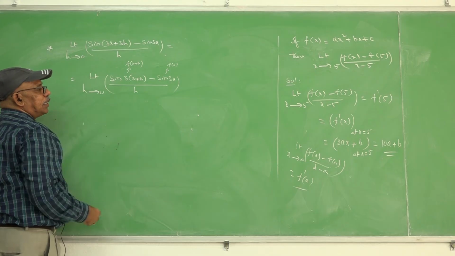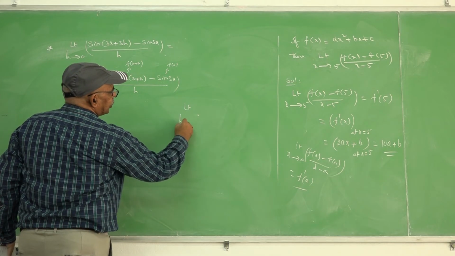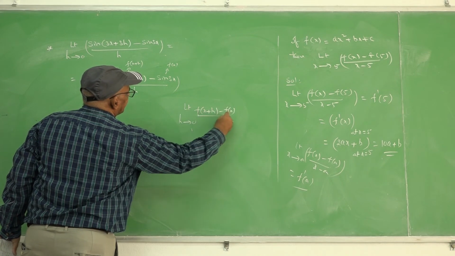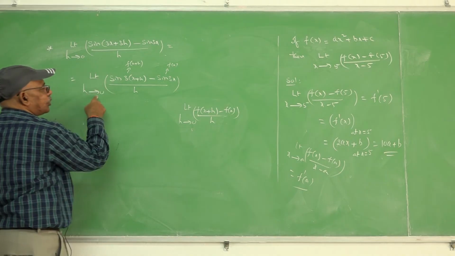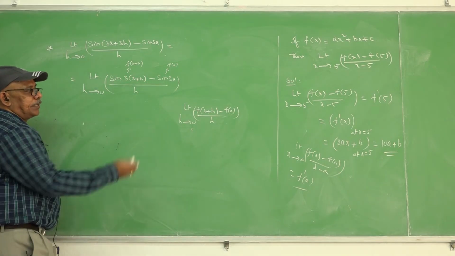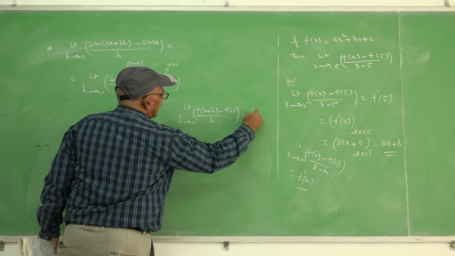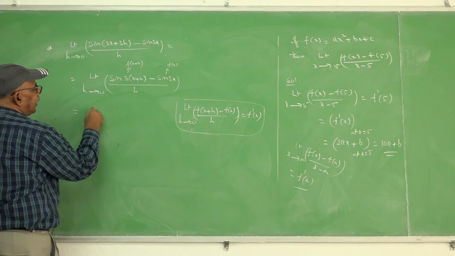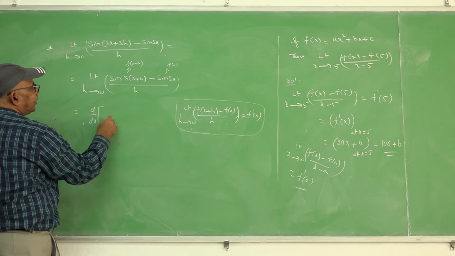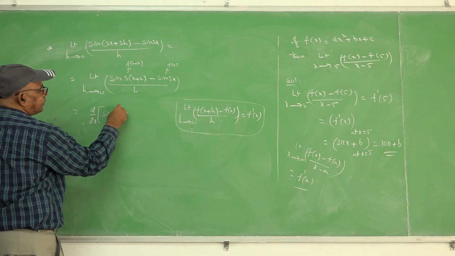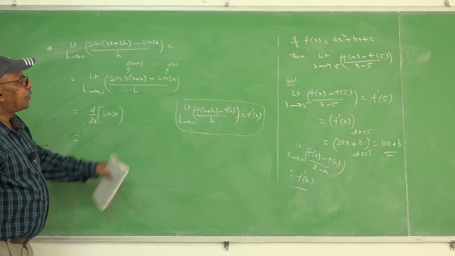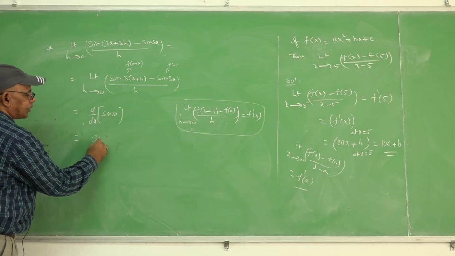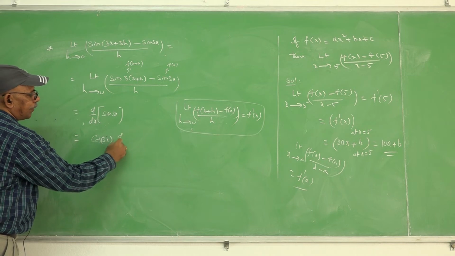So the total limit is of the form limit as h goes to 0 of f of x plus h minus f(x) by h. By definition, this is f dash x. Using this definition, this is nothing but the derivative of sine 3x itself. Because f(x) is sine 3x, the derivative of sine 3x is cos 3x into the derivative of 3x again.